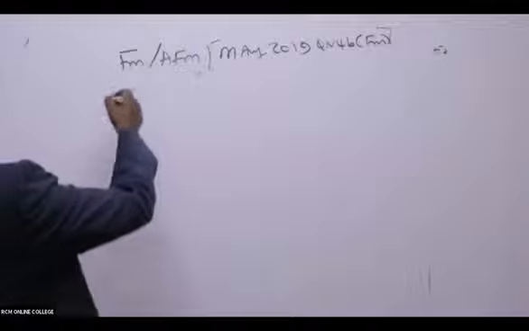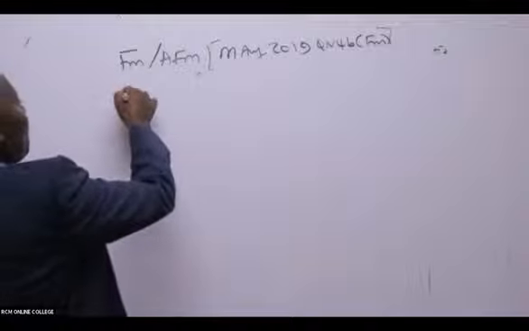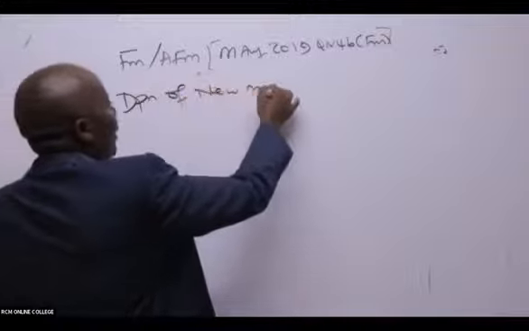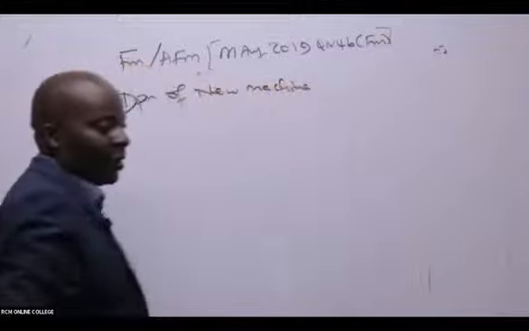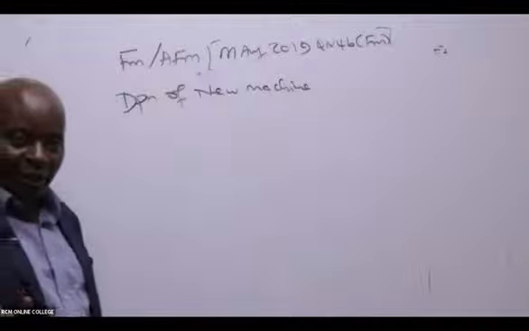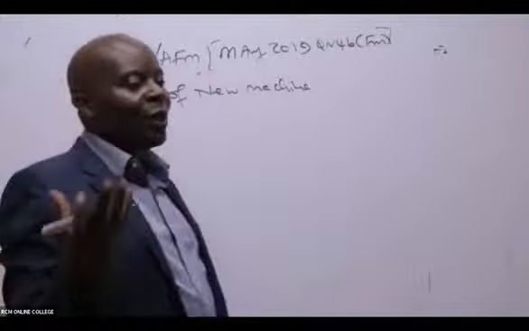I would want you, pretty fast, to give me the depreciation of the new machine. How do we get depreciation? They have told us, this is a good examiner, it is straight line method.